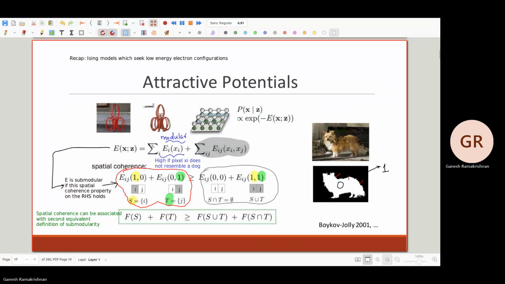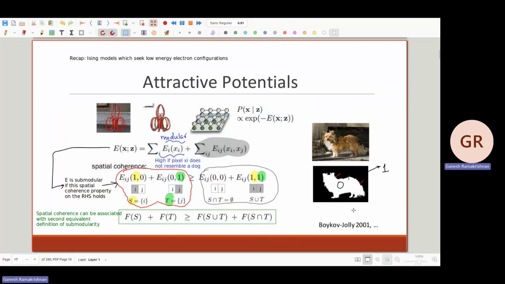So the first component is just saying, well, what is the likelihood of x_i itself? If I'm trying to find a dog in an image, then I would expect the dog to have certain color, right? Green dogs are not seen. If there's a pixel in the image which is green, then it'll have high energy, because it's not going to be a dog.